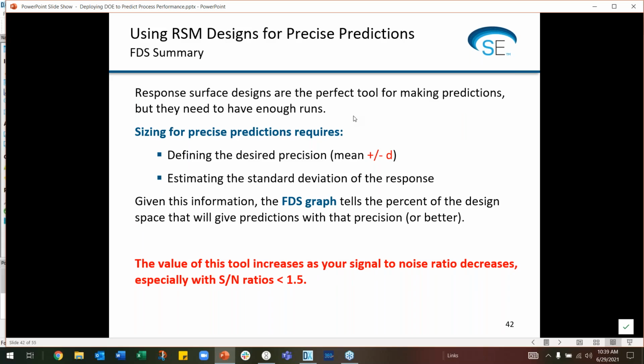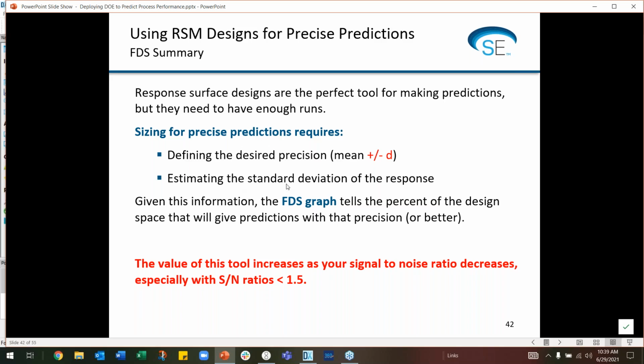So response surface designs are the perfect tool for making predictions as long as they have enough runs. You need to provide two pieces of information in order to size. You need to define the precision that you want. So you think about your average response plus or minus some D, some precision.